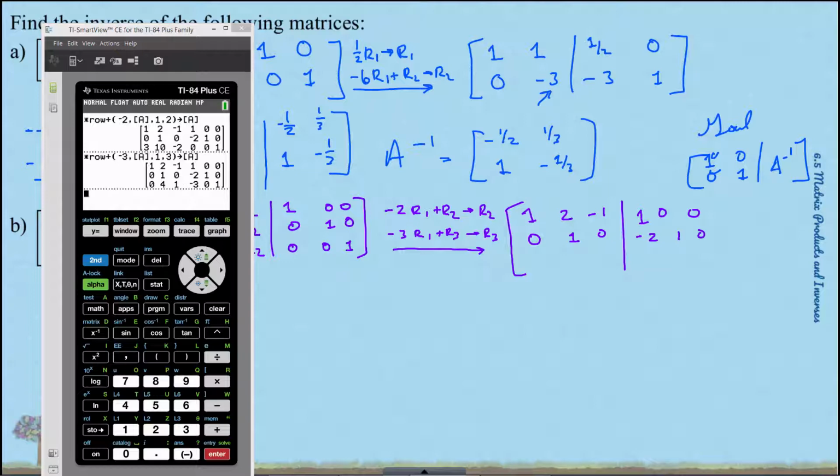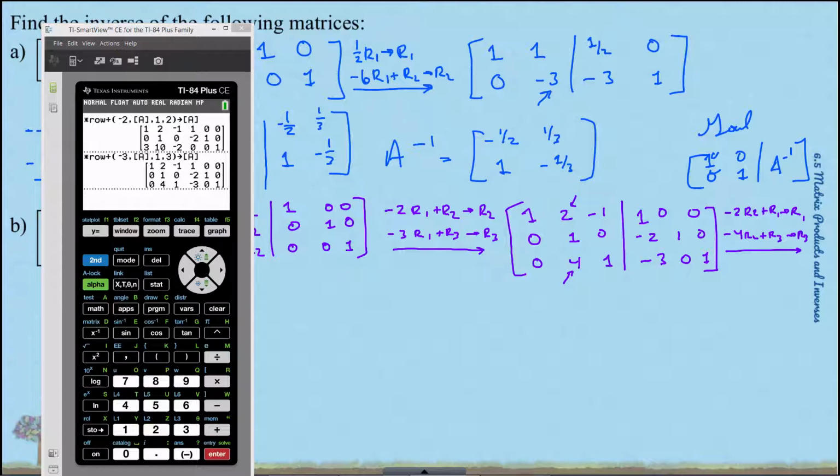If you already have this copied down, think about what the next operations are going to be to clear out that second column. We already have a 1 in the 2, 2 position, so we need to make this 2 and this 4 both 0. Using that 1, we can say -2 row 2 plus row 1 makes row 1, and -4 row 2 plus row 3 makes row 3.